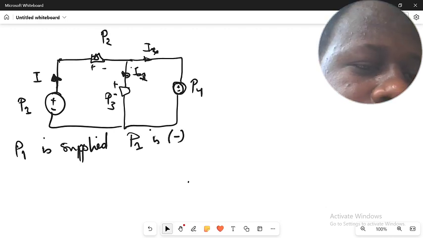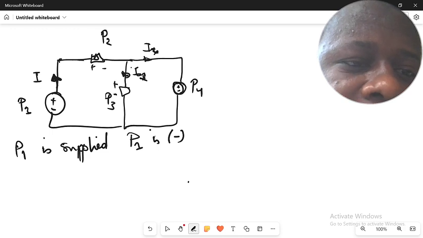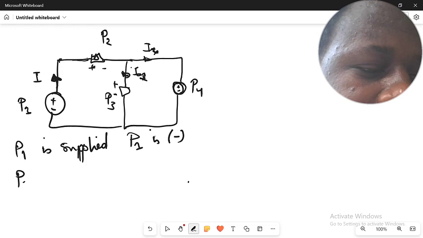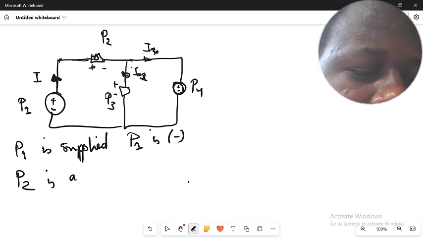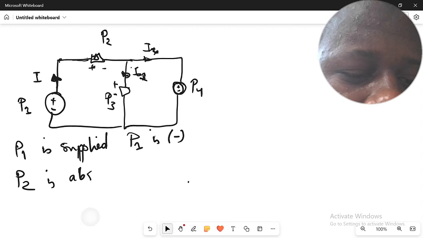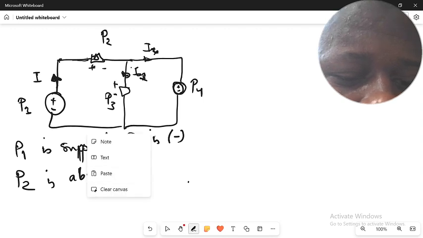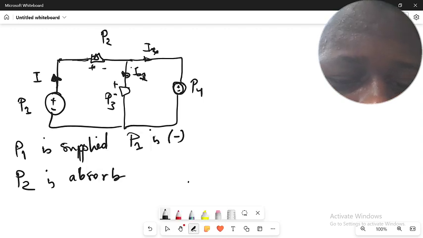Now the current is coming here, entering the positive terminal. It means that P2 is absorbing, so P2 is going to be positive.